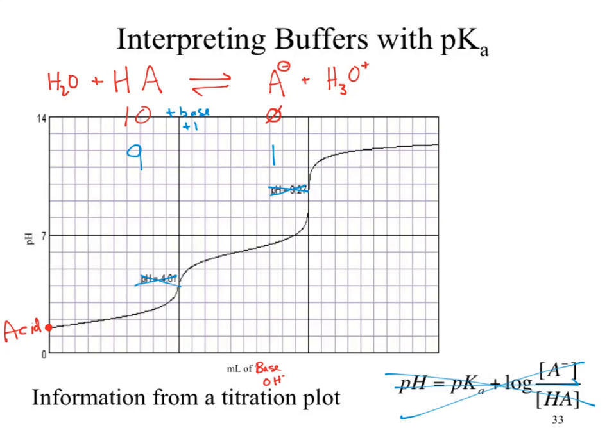Okay? So as we start to move along this curve, our concentration of HA decreases and our concentration of A minus increases. Okay, until what happens? Okay, and this is where we can bring in our equivalence. Now instead of adding one molecule, I'm going to add one equivalent of base.